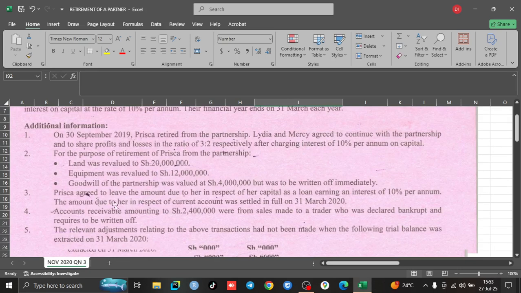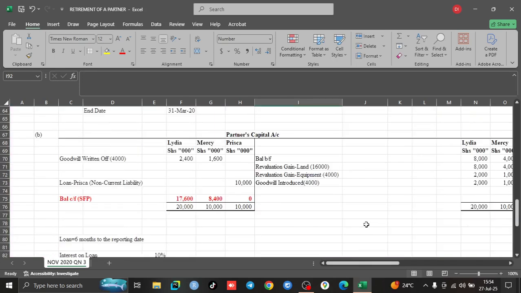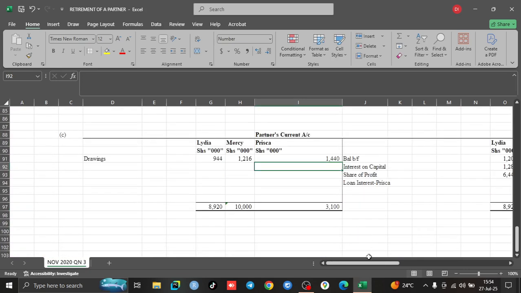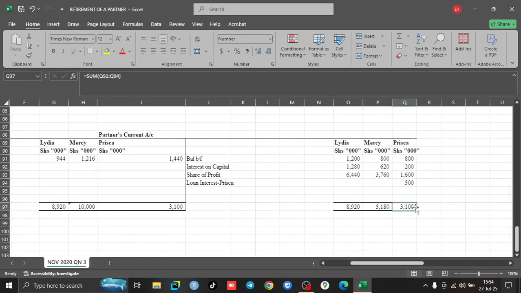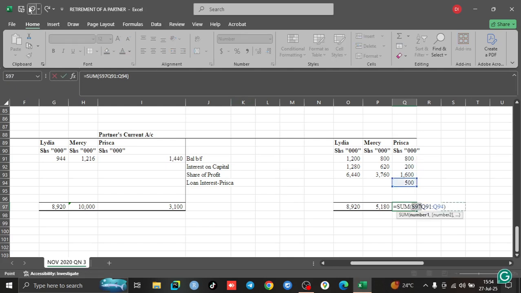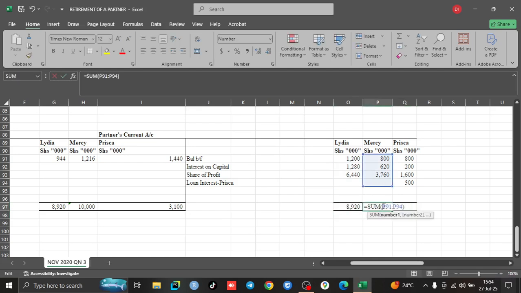The amount due to her in respect of her current account was settled in full on that 1st of March 2020. So any balancing figure on her account will not be carried forward. Instead, it will be given to her from our bank account.